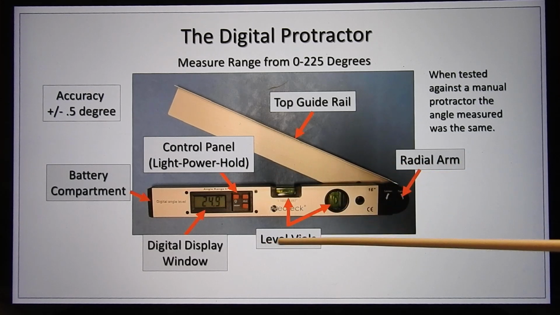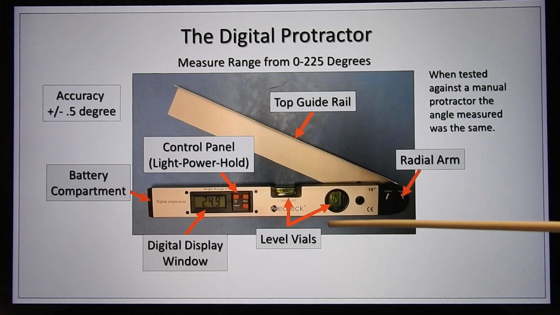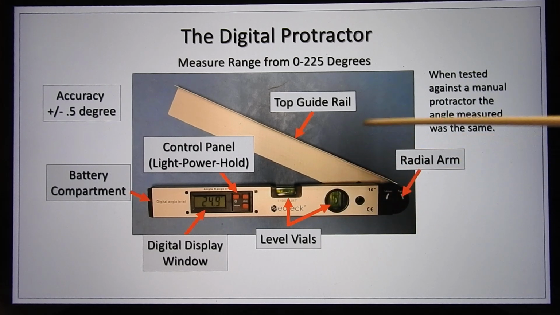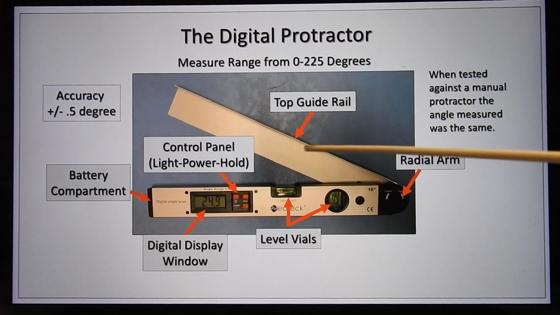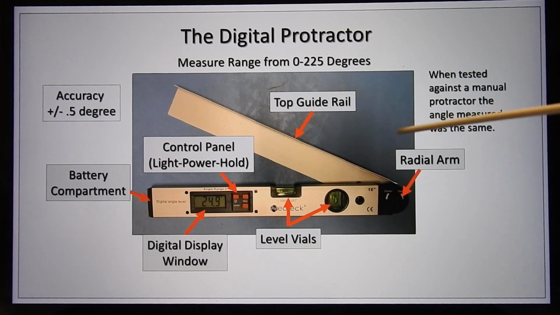It runs off a 9-volt battery and has several level vial bubbles on it. The radial arm moves. You lift or move this top guide rail, which is the measuring arm on the digital protractor. This is where you put the plumb line and the plumb bob right over the orienting station, over the sun survey marker point. Very easy to use.